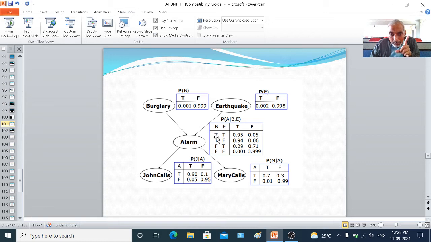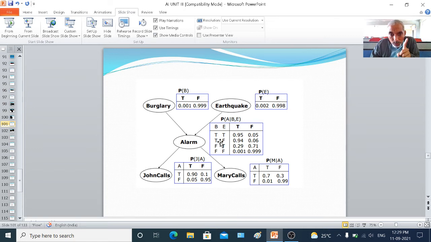Both B, when there is a robbery, and E, when there is an earthquake, can be true, because here we have two events. So two events means four combinations you are going to get. So when there is a robbery, we can say it is true, and there is no earthquake, then this will be false. So one is true, one is false. Since any one is true, the alarm will ring.